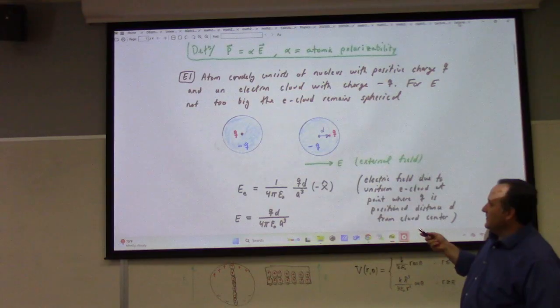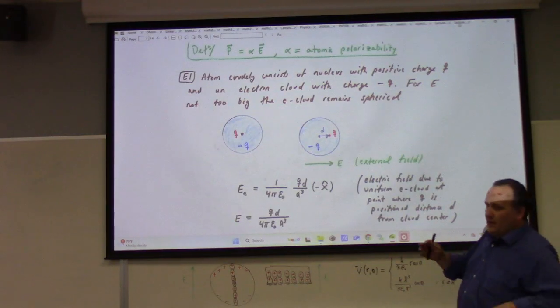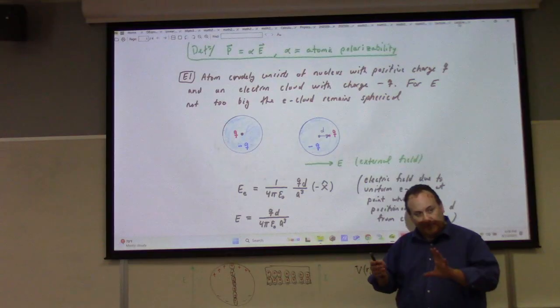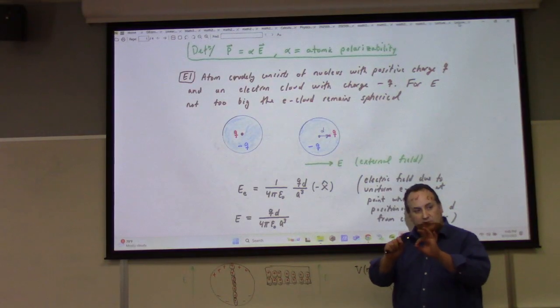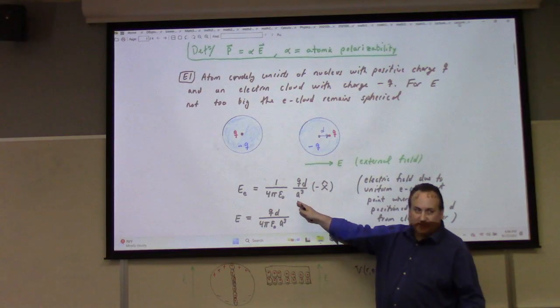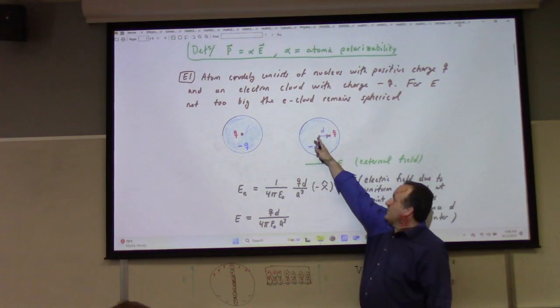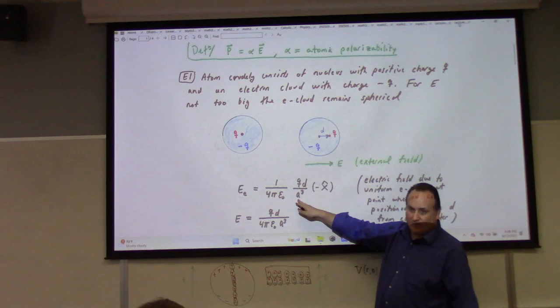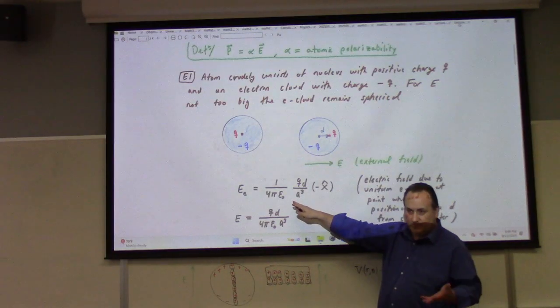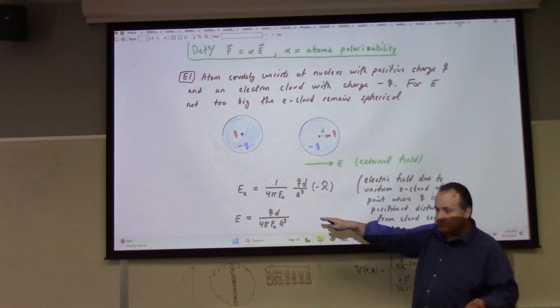And Griffiths argues that if the E field's not too big, then the electron cloud's still roughly spherical. But we know the electric field for a spherical uniform charge distribution is linear from the center, right? So I can write Qd over a cubed, because that's the distance d from the center divided by a cubed, where a is the radius of the sphere. This is the formula we derived for a uniformly charged sphere using Gauss's law a couple weeks ago, right?